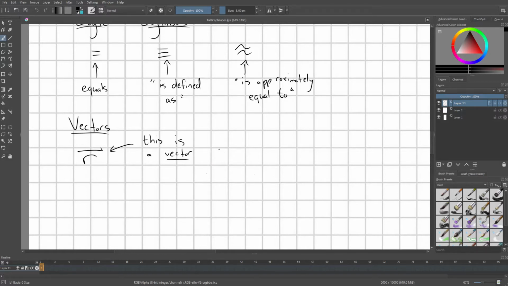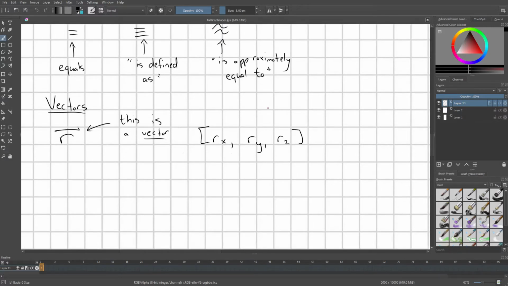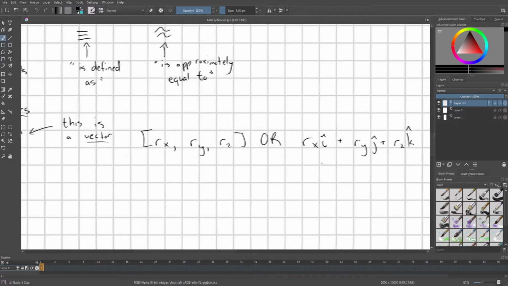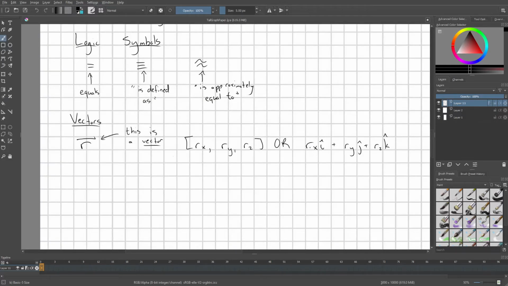So I could write out r as a row vector, rx, ry, and rz, like this. And I could also write it with unit vectors i, j, and k hat. These are all equally valid.